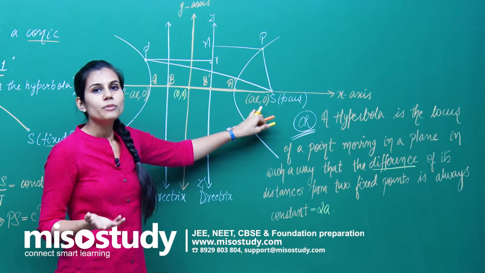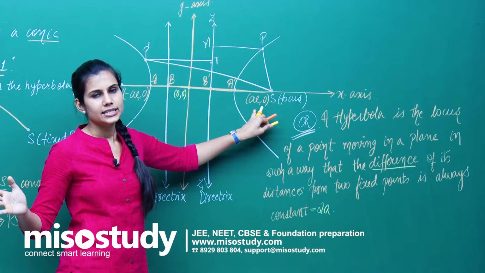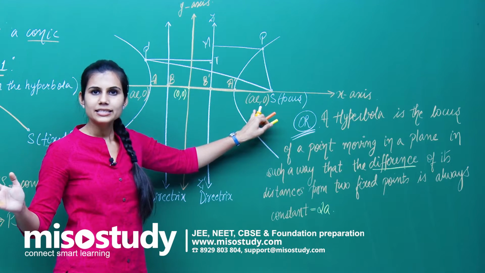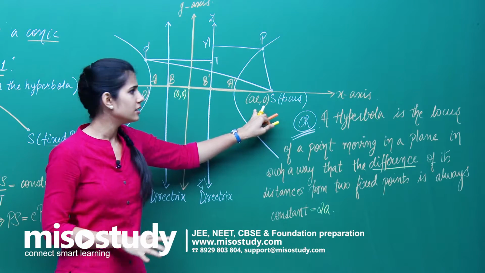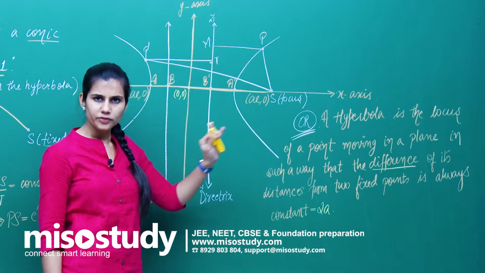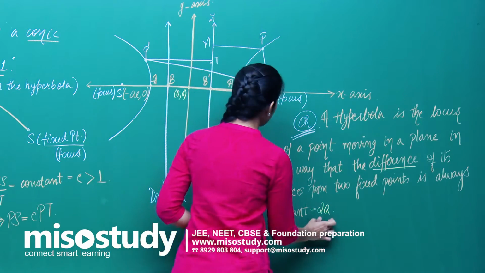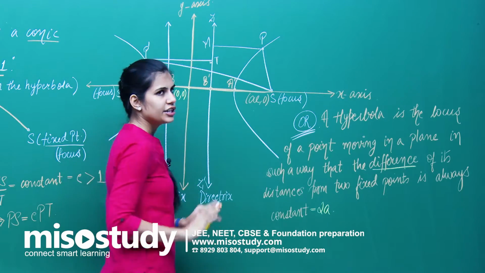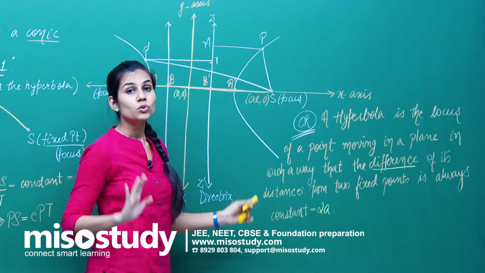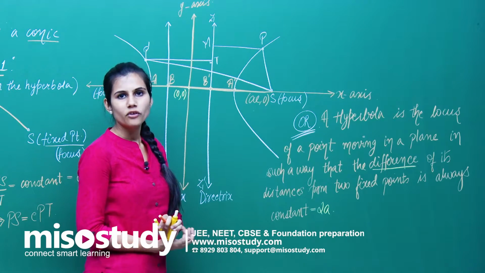So you don't need to assume; we have done the proof of how S and S dash have coordinates (ae, 0) and (minus ae, 0). Just replicate it over here and you have these two as the coordinates of the two foci. So assuming this and these coordinates, you are in a position to derive the standard equation of the hyperbola, and that comes out to be what?